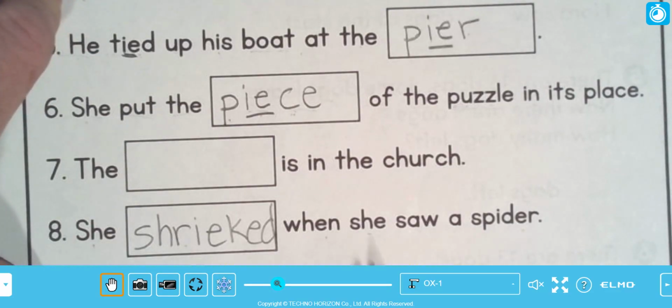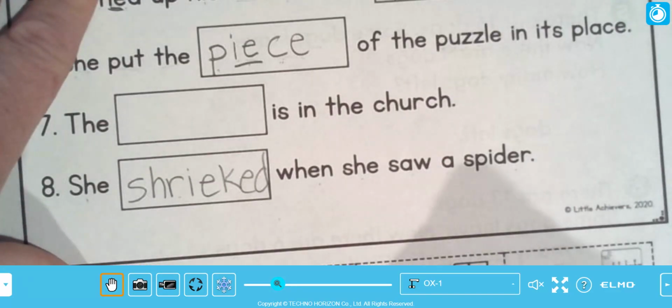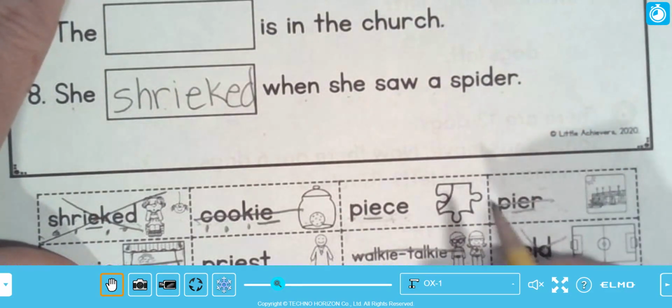Okay. So after we do peace, we're going to cross out this word here.